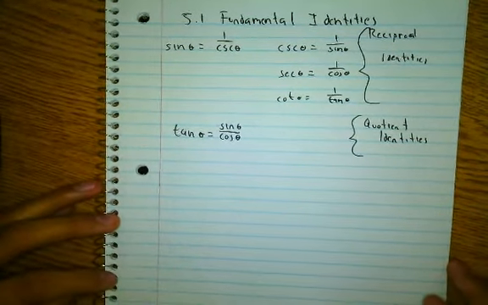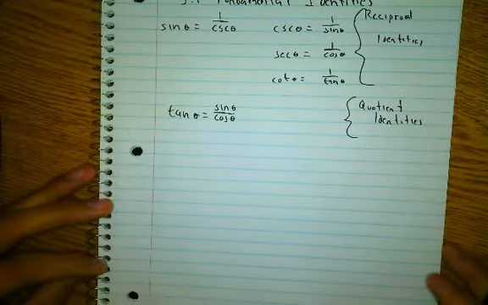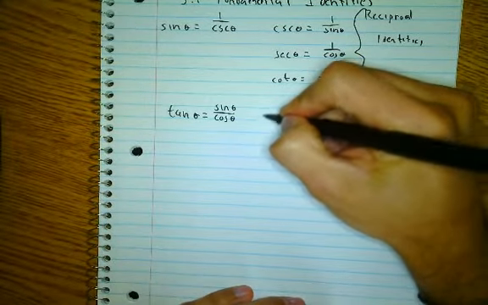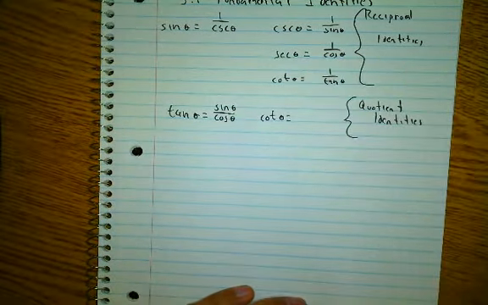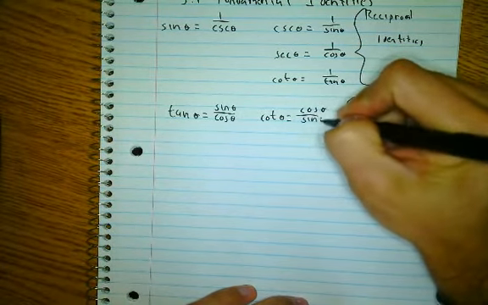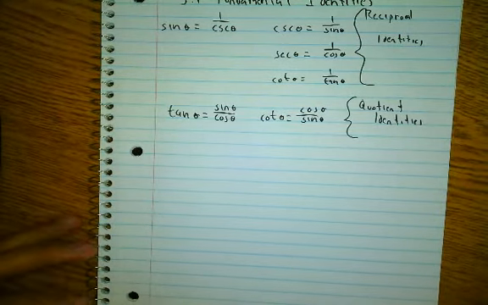The names really are not that relevant. You just need to make sure that you know them, okay? So therefore you know that cotangent of some angle is cosine over sine. Right?